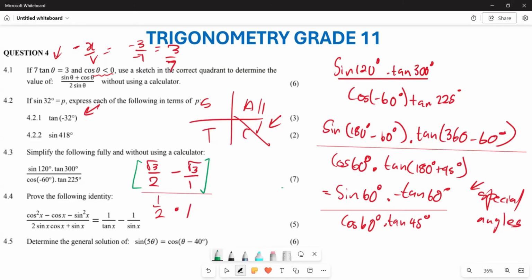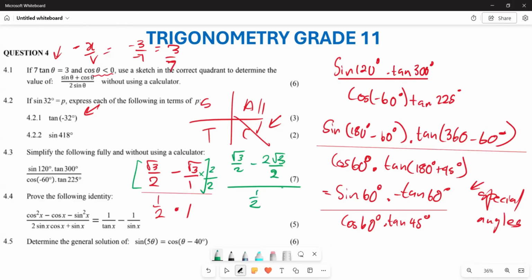When you focus here, you are going to multiply this side by 2 over 2 so that here you can have the denominator of 2, right? So which means this is going to be square root of 3 over 2, subtract, this is the same as 2 root 3 over 2. Then divide by what? 1 multiplied by 1 over 2. This is the same as 1 over 2, right?